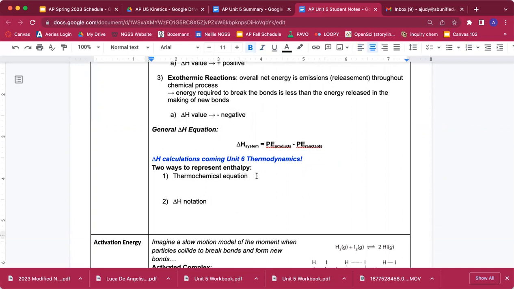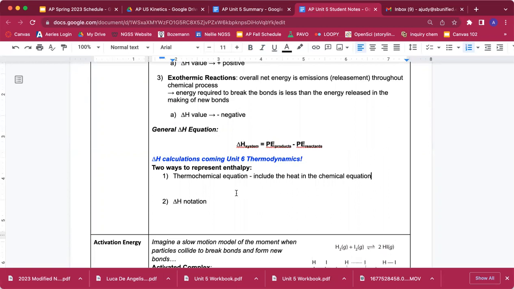We're going to, again, delve further into that in Unit 6, but there are two ways that we represent enthalpy, and this is just a notation thing. The first method is known as a thermochemical equation, okay? So what we say is that we include the heat in the actual chemical equation.